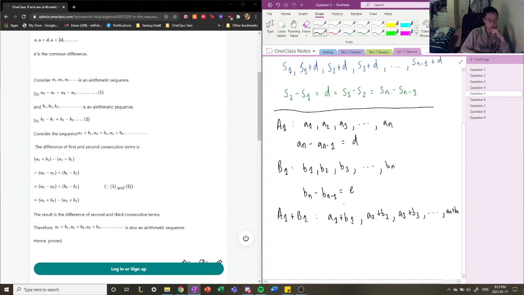Let's first think about the difference between our first two terms: A2 plus B2 and A1 plus B1.